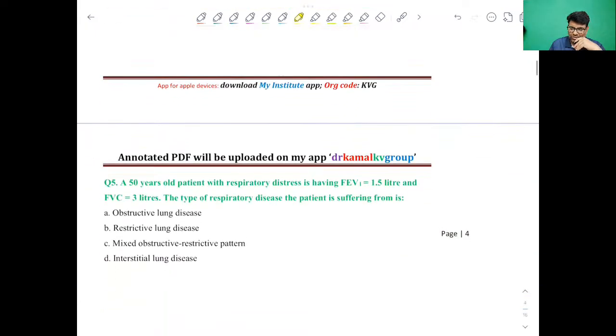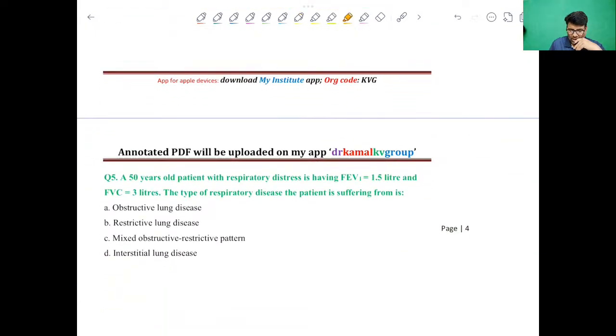Now moving forward to another question. A 50 years old male is having respiratory distress, and forced expiratory volume at the end of first second is 1.5 liter, whereas the forced vital capacity is 3 liters.